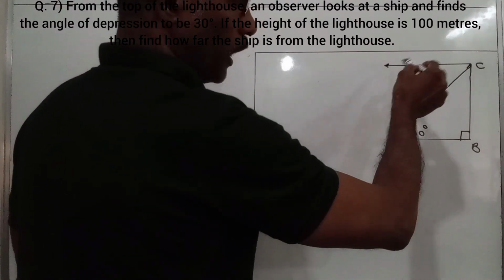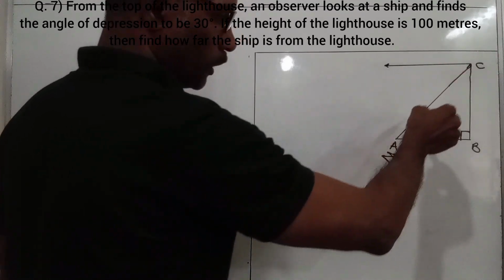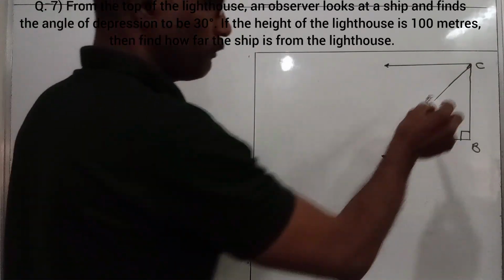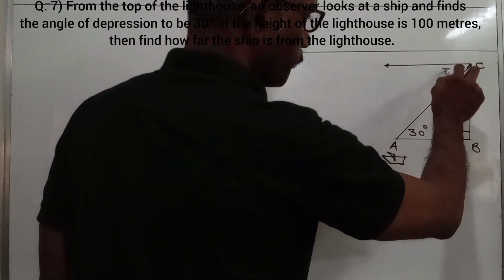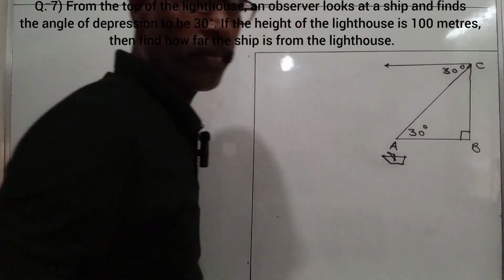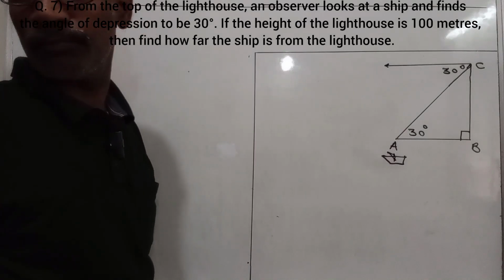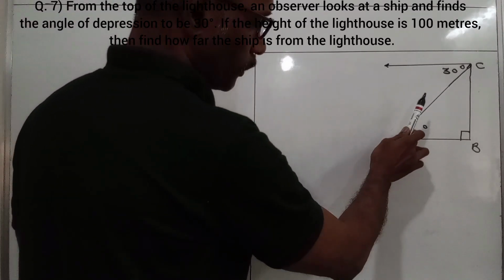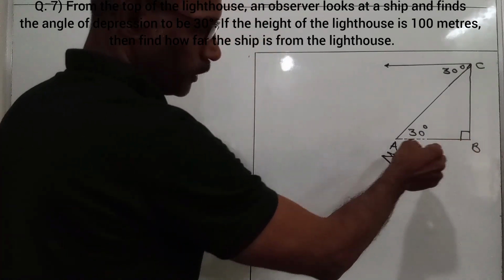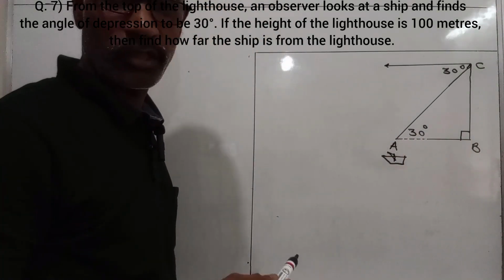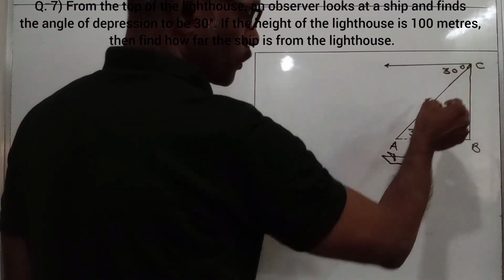When he looks downward towards the ship, he makes an angle of depression of 30 degrees. Suppose here is water and this is land, in a straight line. Then the angle of depression is 30 degrees.